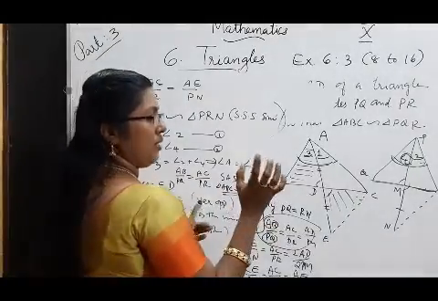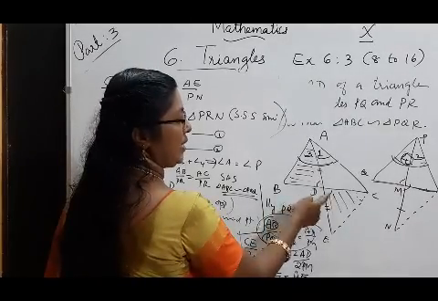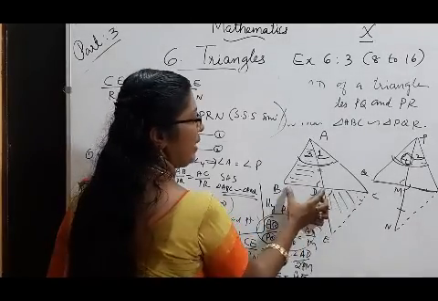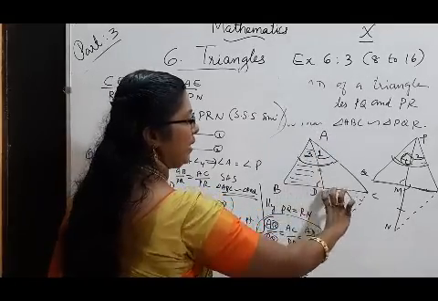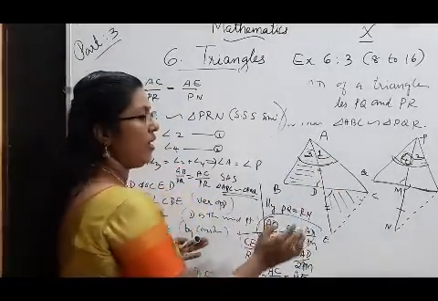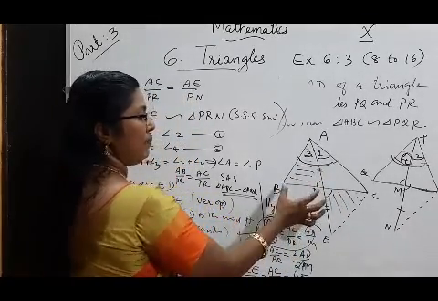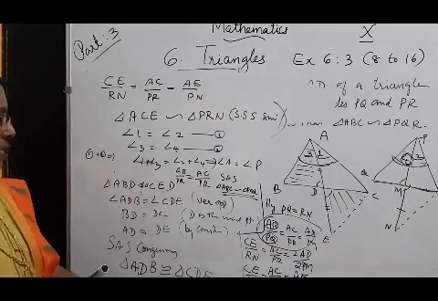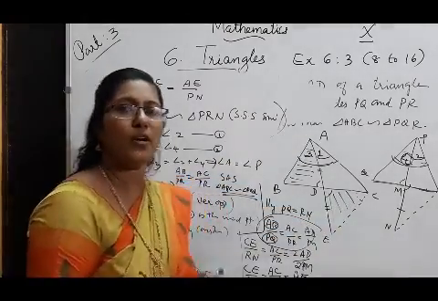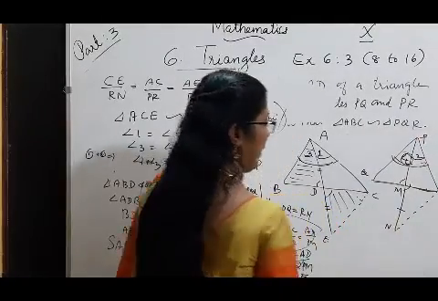How to explain that? Vertically opposite angles are equal, BD and CD are equal, and AD and DE are equal. The same way, these two triangles are congruent. So we can write AB equal CE, and the same way we can write PQ equal RN.